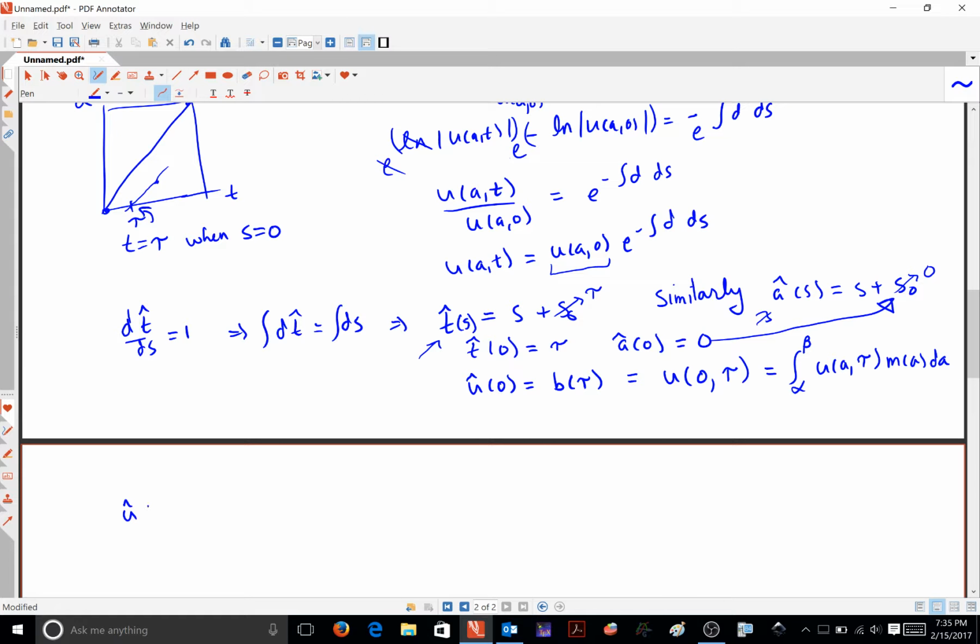So U hat of S is going to be equal to, now they claim this is a B of tau e to the minus integral from 0 to s, and now they say, instead of this being a of s, they just called it s prime. They did a u substitution here.